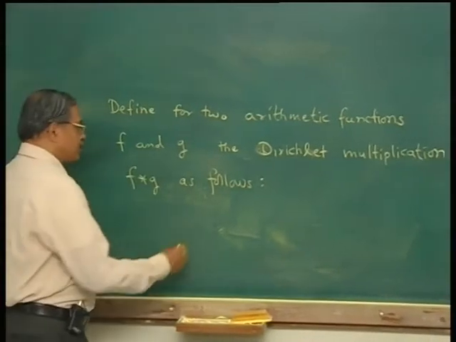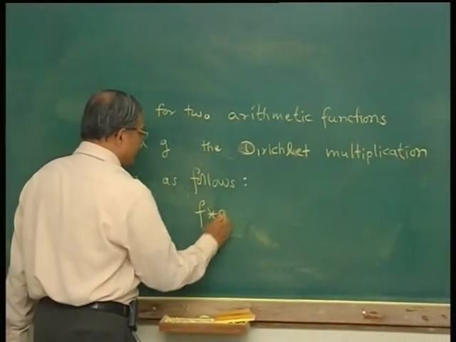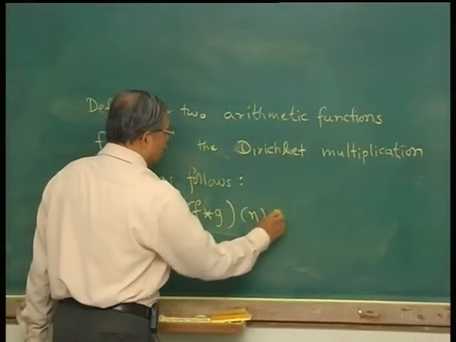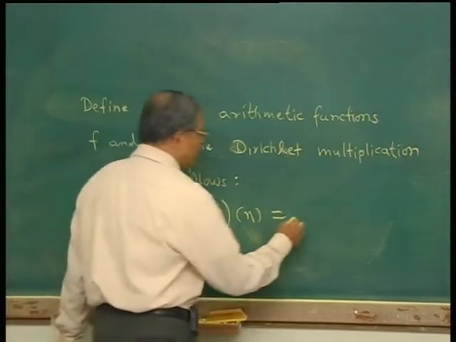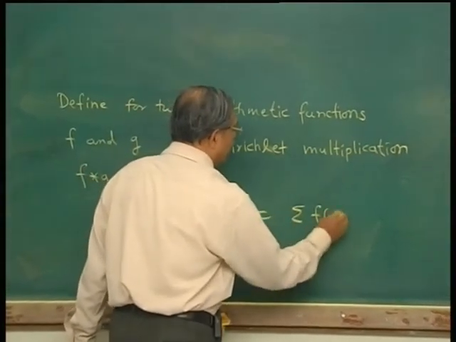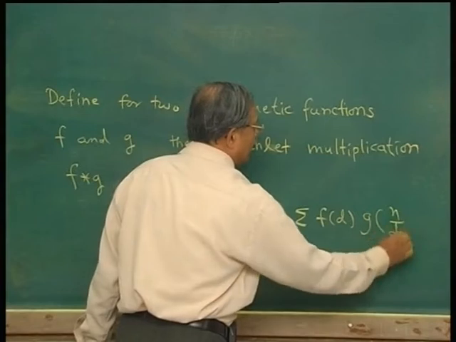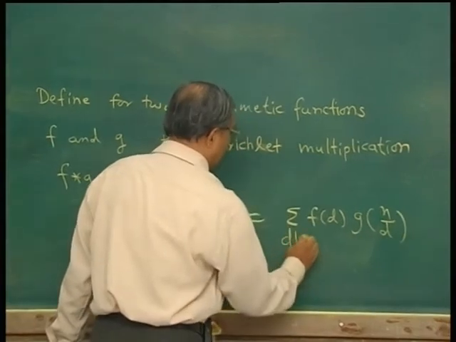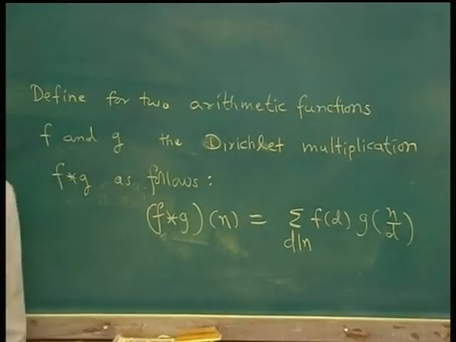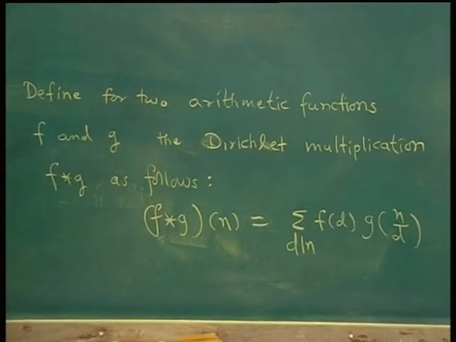So f star g of n equals summation f of d g of n by d, d varying over divisors of n.